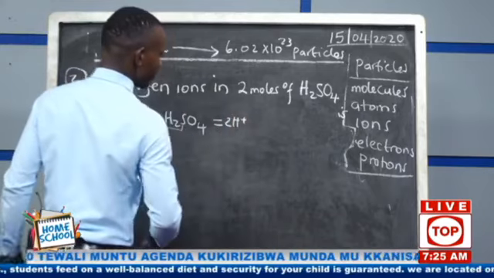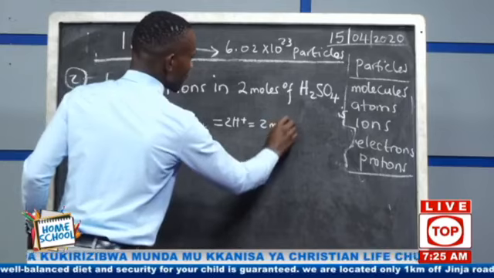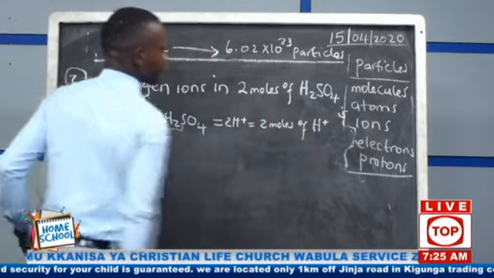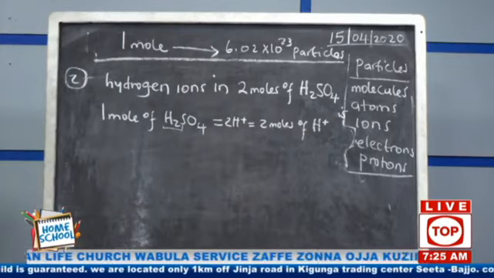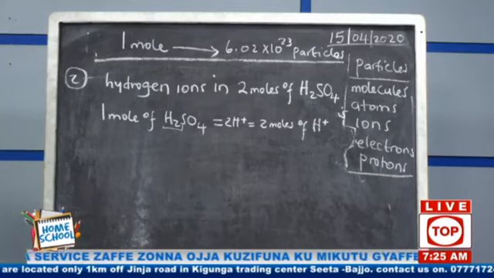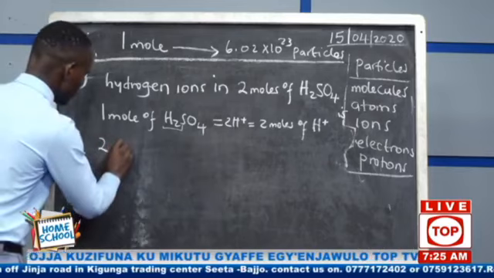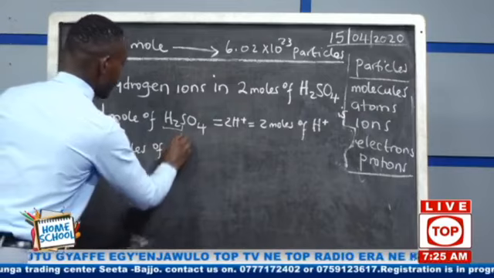That means we have 2 moles of hydrogen ions in 1 mole of sulfuric acid. If we have 2 in 1, what about in 2 moles of sulfuric acid?